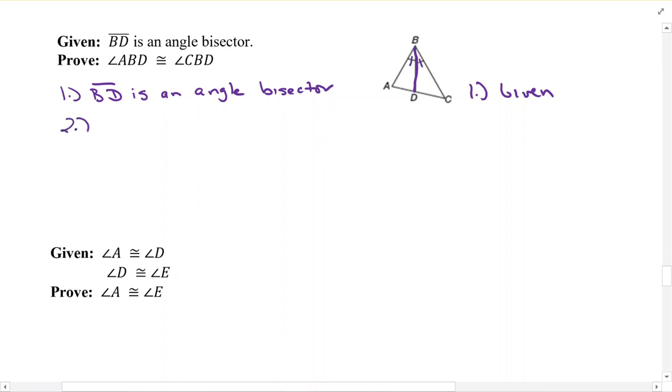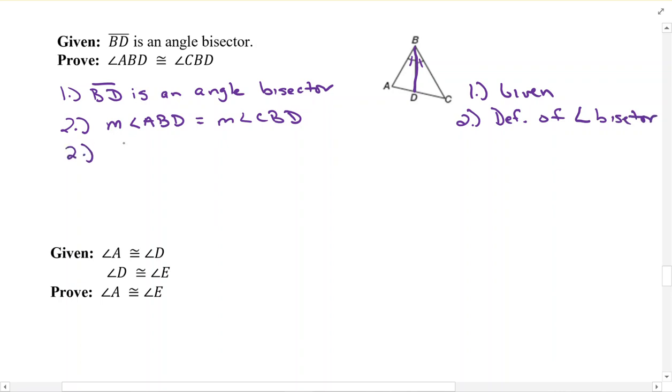So since BD is an angle bisector, we know the measure of angle ABD has to equal the measure of angle CBD. And that's definition of angle bisector.